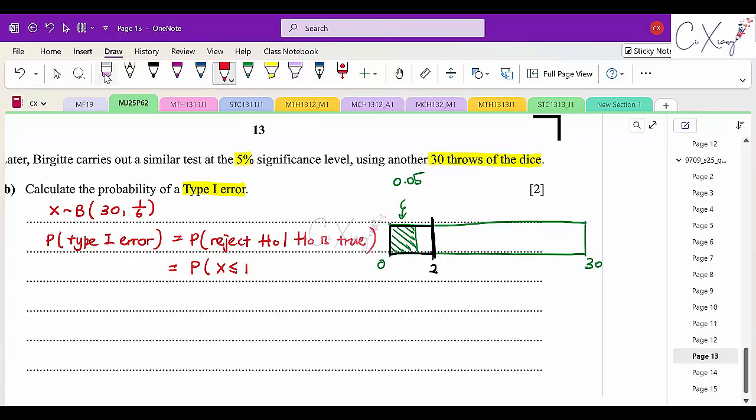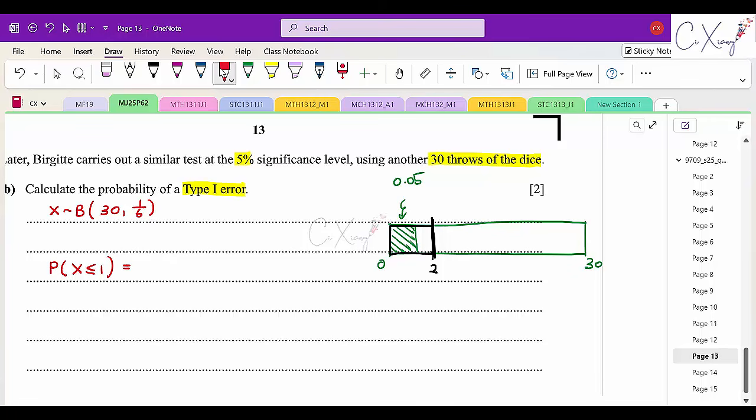But maybe to avoid confusion, I skip the type 1 error first. My target now is to find the rejection region first. So to find the rejection region, I try to find x smaller equals to 1 first.